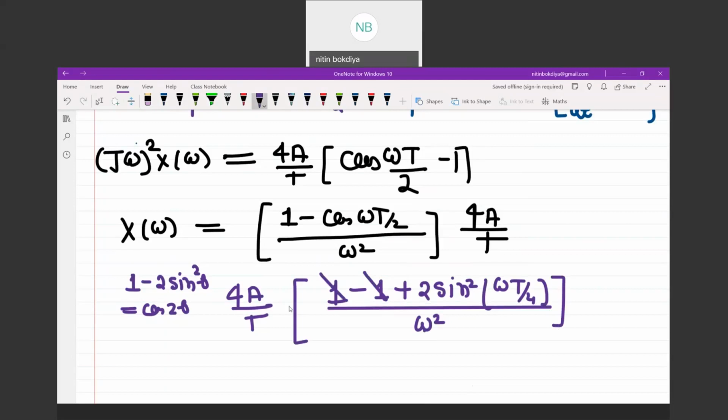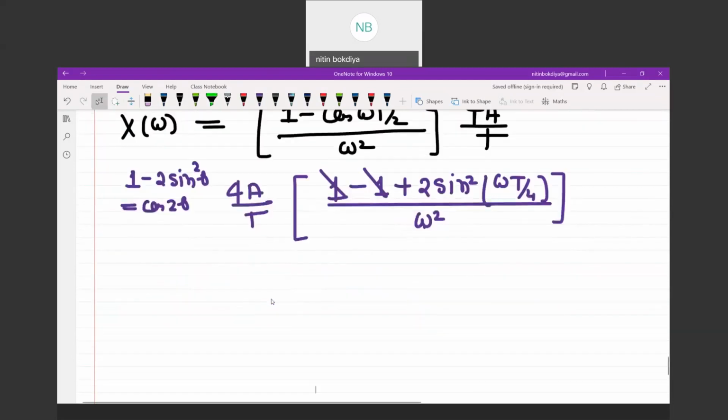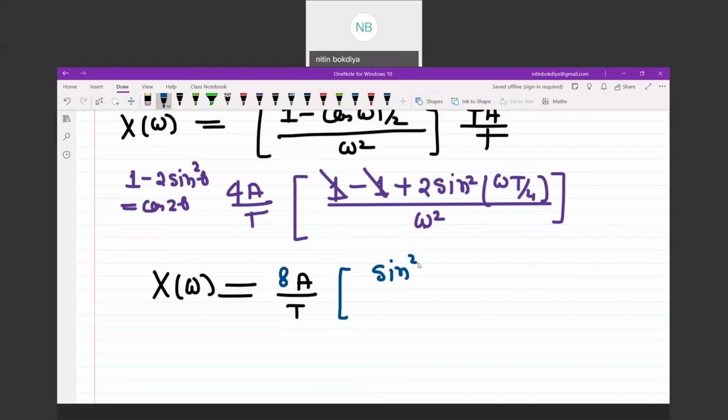This is cancelled, so you can write X(ω) equal to 4a/t, or 8a/t, sin²(ωt/4) divided by ω².